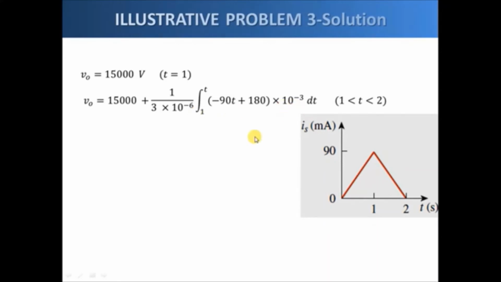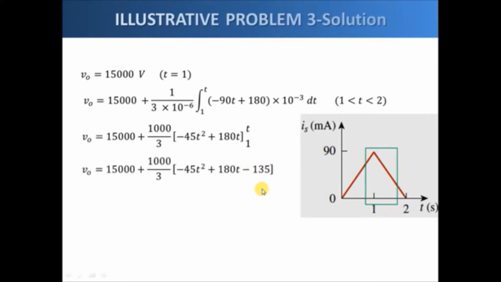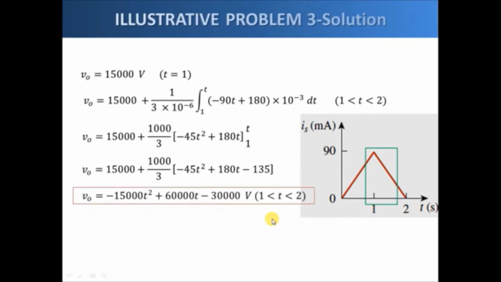Doing the integration and applying the limits, we get this voltage across the capacitor between times 1 and 2 seconds. Simplifying this, we'll get this one. So this is the voltage between 1 and 2 seconds.